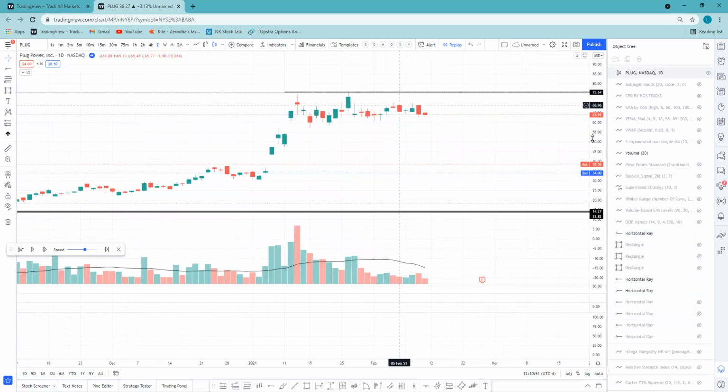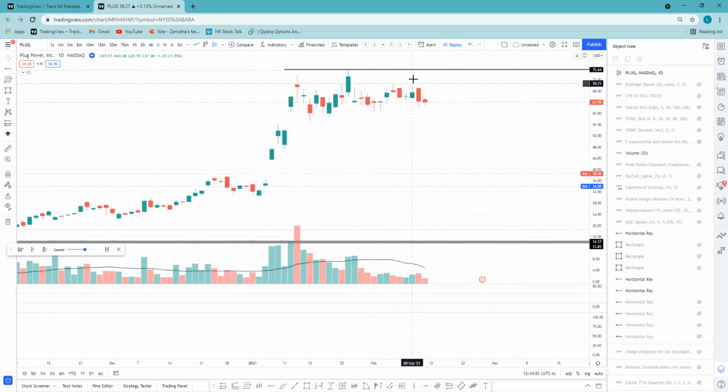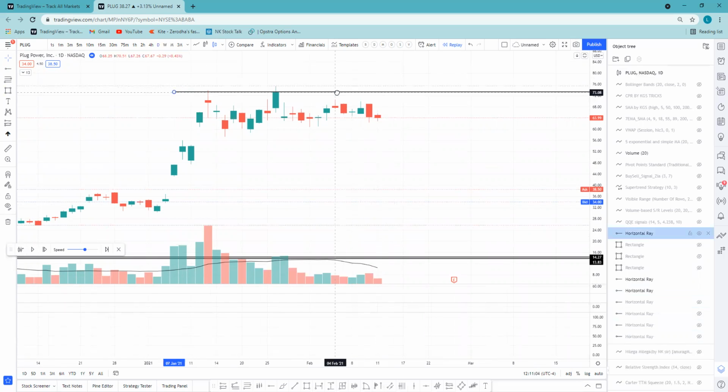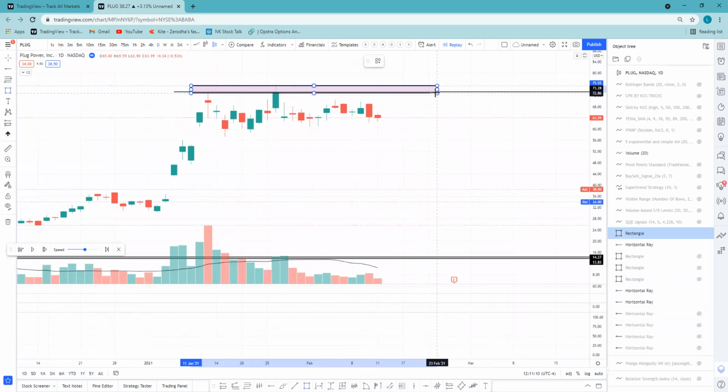Remember, two people may draw the line differently. It's up to you, the way you want to draw it. What I usually do is sometimes cover body to body and sometimes wick to wick, because some people give preference to the closing and some give preference to the high.